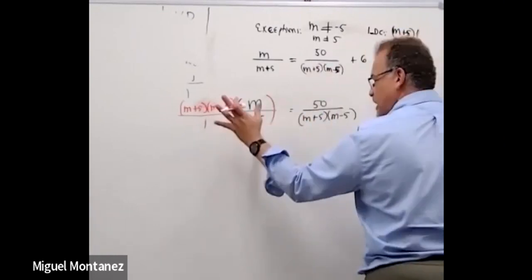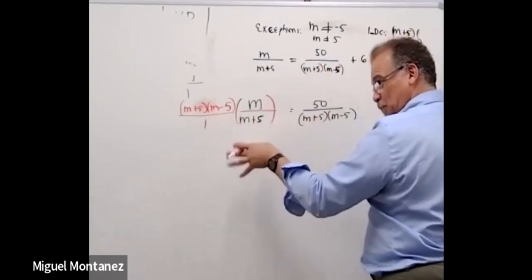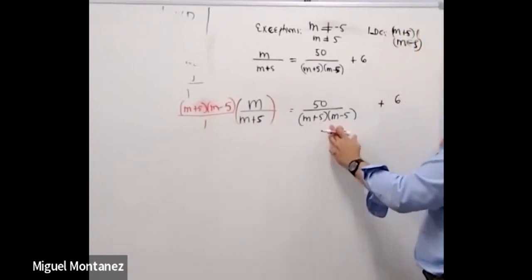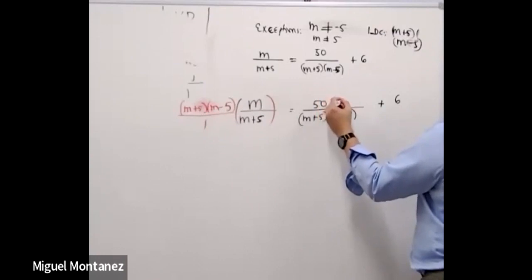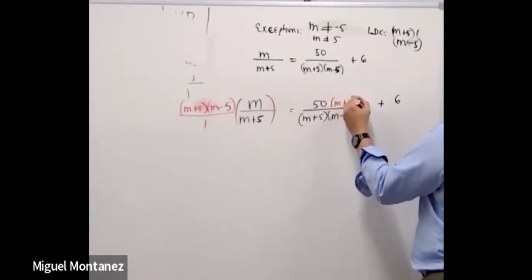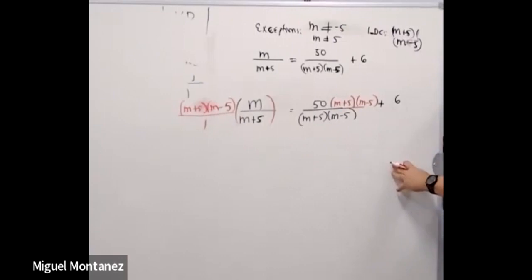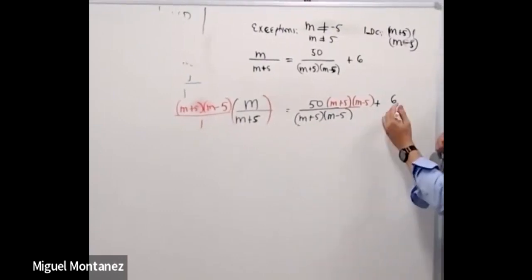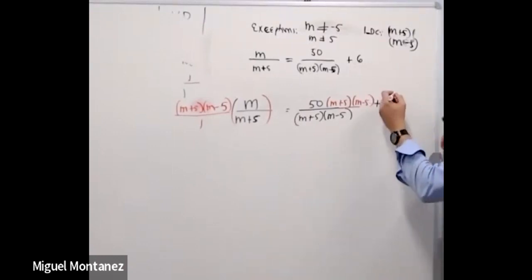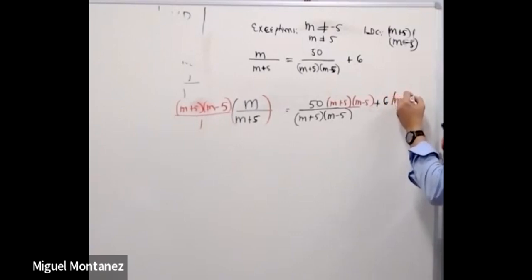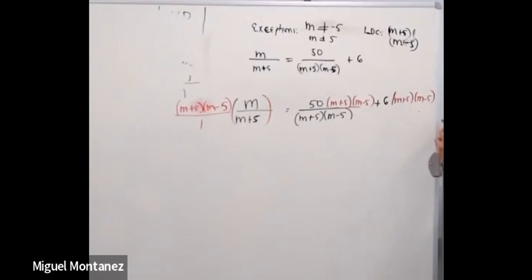It looks ugly, but it's correct. Here I multiply by the denominator. When I distribute, I will have m plus 5 times m minus 5, and then plus 6 times m plus 5 times m minus 5.